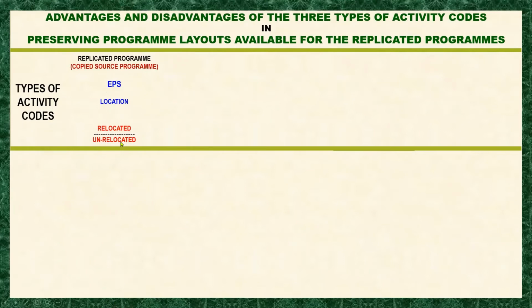So we have our choices here, the relocated and unrelocated. And there is the source program EPS location versus the replicated program EPS location. So we will be looking at these two EPS locations, whether they are identical or not identical.